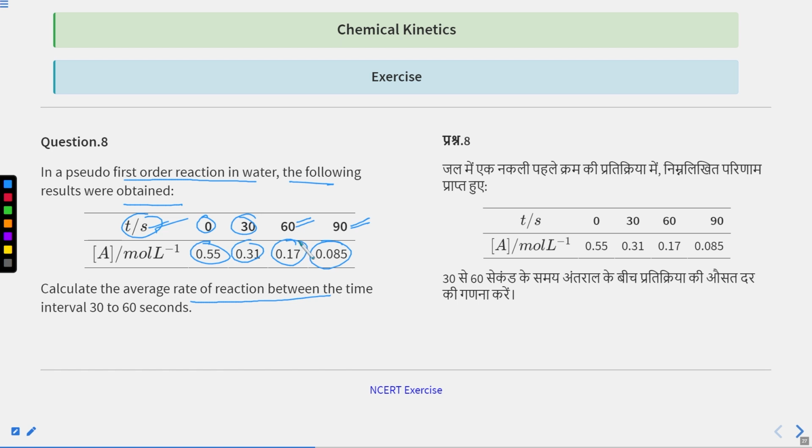How will we do it? What is the formula for finding the average rate of reaction? It is basically the change in concentration by change in time. So at two instances we have to do it, at 30 and at 60.